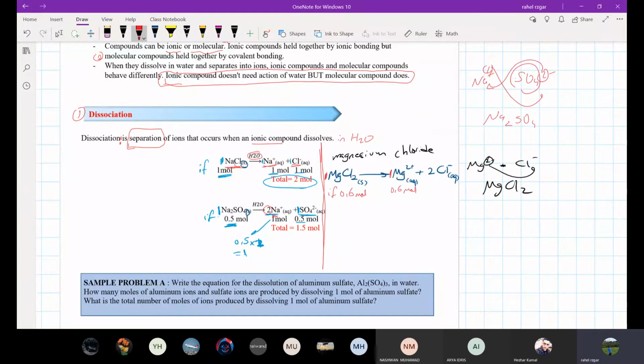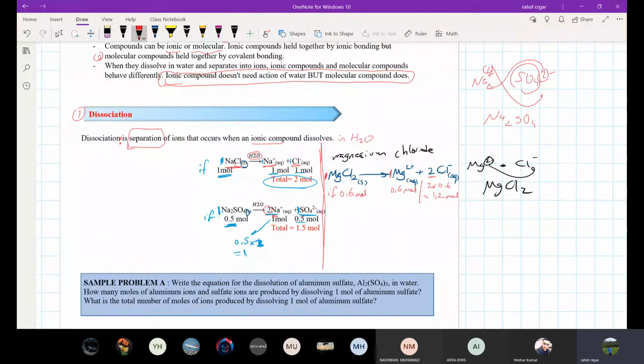But for the Cl, which has a coefficient of 2, it must have twice as much mole as MgCl2 or as Mg. 2 times 0.6 equals 1.2 moles.